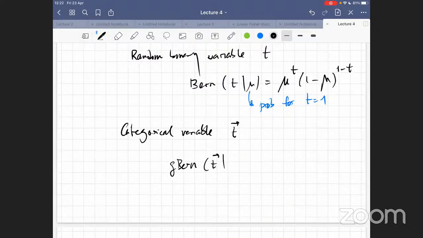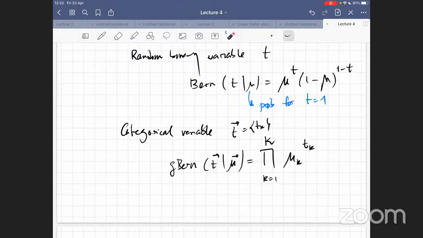Depending on the author, it is named or written in a different way. This is the product over all classes of mu k to the tk, where tk are just the components of t. And of course, each class has one associated true, unknown probability.